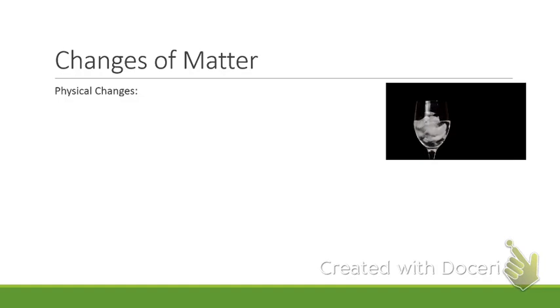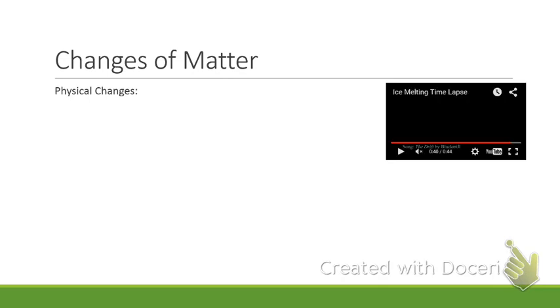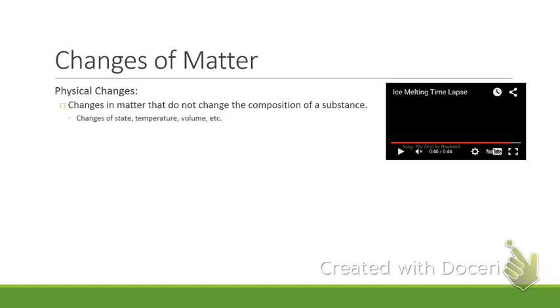If we look at the water melting from the solid state to the liquid state, are we really changing the composition? No. Melting point and boiling point are changes of state. That doesn't change the composition of the substance. Changes in temperature, volume, or mass are not changing the actual matter. That's why you can take ice, which is just frozen water, melt it, and now you have liquid water.